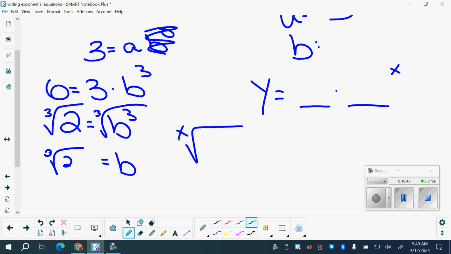So here's what we do: we start in our calculator with the 3, so it's 3, second function, this button, and then put the 2 inside. Please do that now. Share that decimal with your neighbors to see if you got the same decimal.